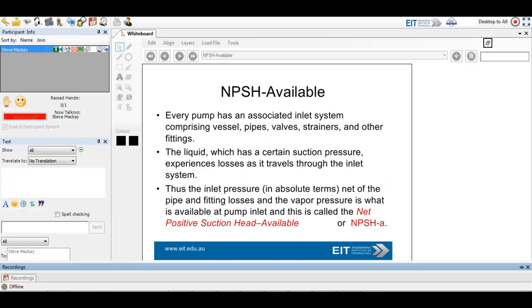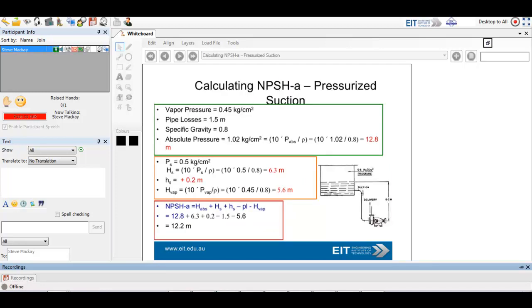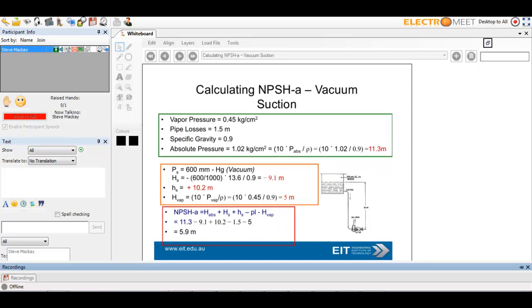And a typical example of net positive suction head. Here, for example, suction is your pump, and you can then calculate it through all these additions here: vapor pressure, pipe losses, specific gravity, absolute pressure, and you can then work out the net positive suction head.